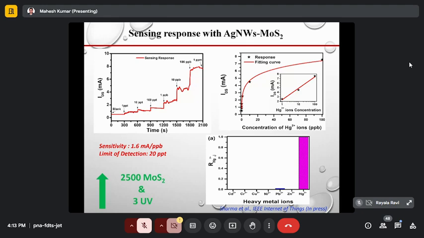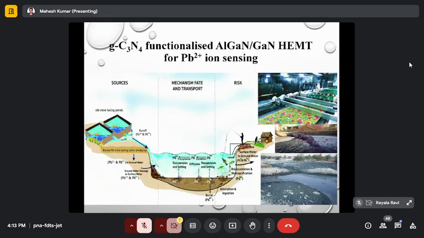Because current is in milliampere, we are getting around 205 times change as compared to MoS2. And this is highly selective towards mercury ions. As compared to UV, we can improve the sensitivity 3 times by mixing Ag nanoparticles and MoS2.